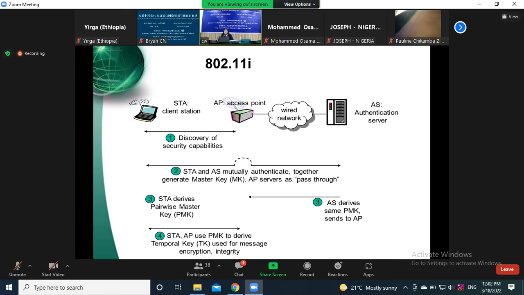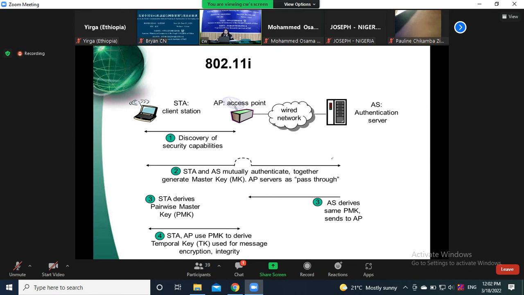This is the base station in 802.11. The second step is that the station and the authentication service authenticate each other and together generate a master key, MK, and the AP serves as pass-through.